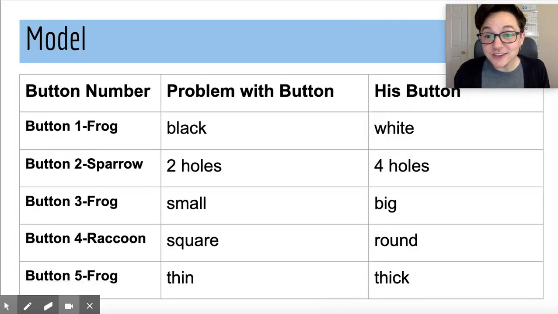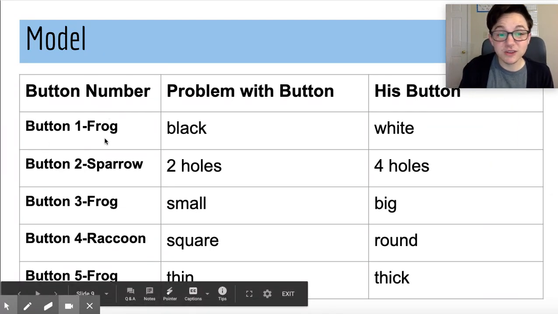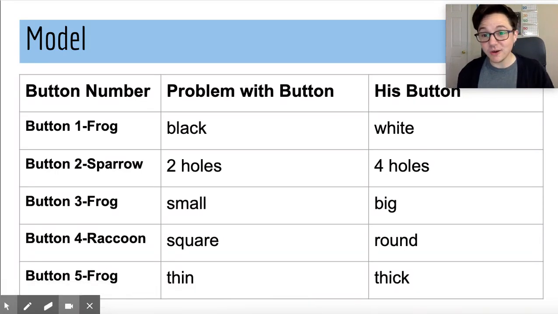Okay, Kipsters, now that you have your jacket drawn on your paper, we're going to get started on drawing the buttons. So the first thing that we need to do is read the details about the different buttons. Button number 1, we know that Frog found it, and it was a black button. So I'm going to take out a black crayon and draw a black button.